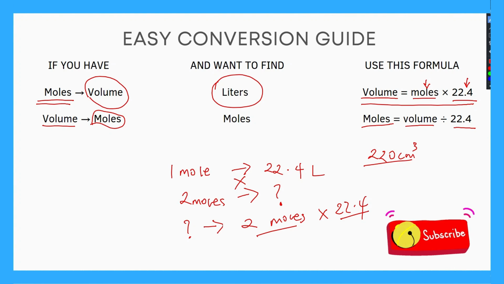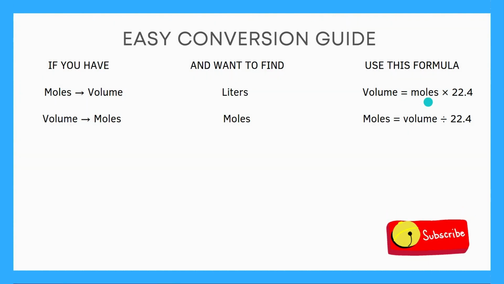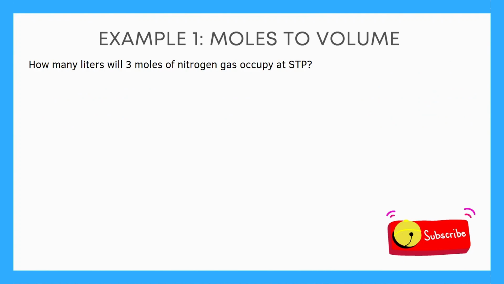What you simply do is divide it by 22.4 dm cubed. And of course, this cm cubed you'd have to convert to dm cubed because all units must be uniform whenever you're dealing with calculations that involve units. Now that we've talked about that, let's see if we can solve some questions to consolidate your understanding on this subject.